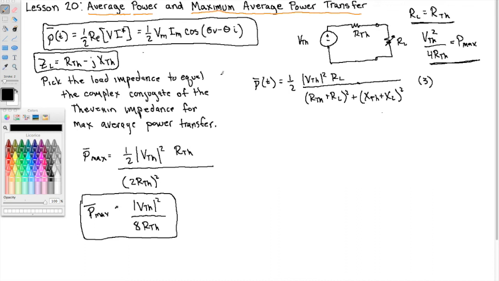Now we'll look at one example, but I also want to point out to you again that it's slightly out of the reach of this course to find the Thevenin equivalent circuit of an AC circuit with dependent sources. So you will never be asked in this course to find the maximum average power transfer of an AC circuit with dependent sources. So let's look at an example with only independent sources.